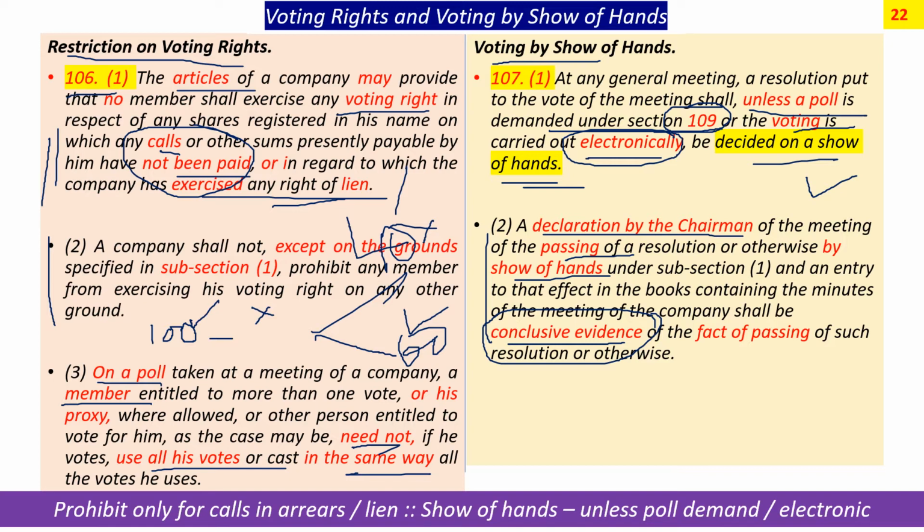It is finally closed. Conclusive in the sense it is not subject to further evidence. It is proof of the event having taken place and closed the way it has been declared by the chairman. It is not subject to further evidence or further inquiry.